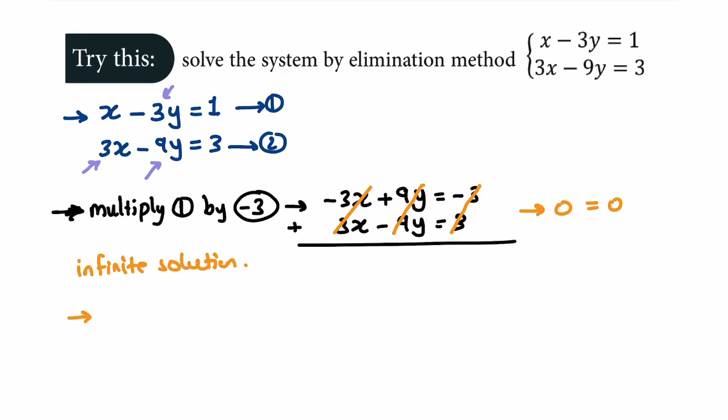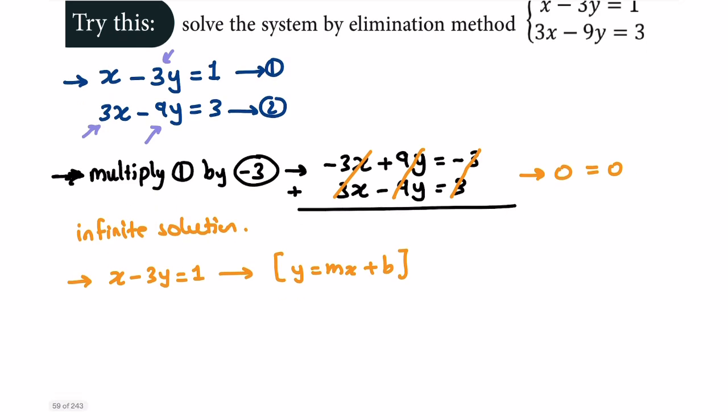So what you got to do now is this. You are going to take one of the equations, for example, x minus 3y equal 1. You have to put it in this form: y equals mx plus b, then try to find the values here, okay? So I'm going to change it like that. I get negative 3y equal 1 minus x.